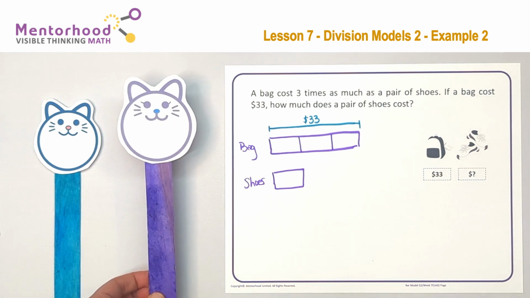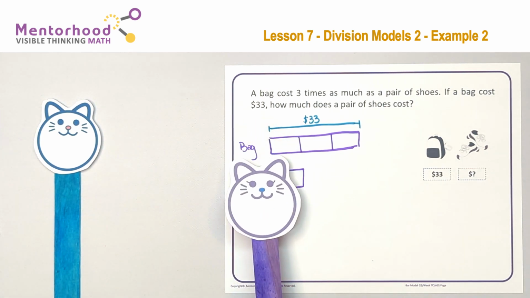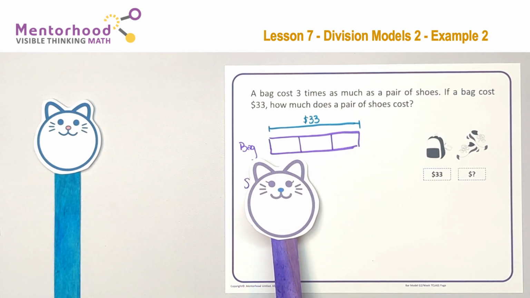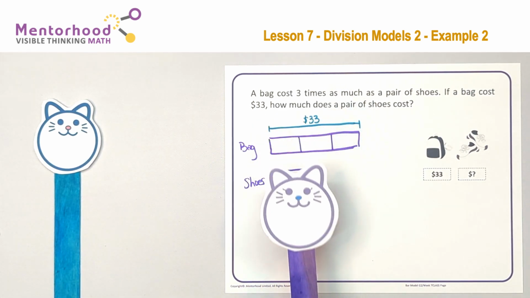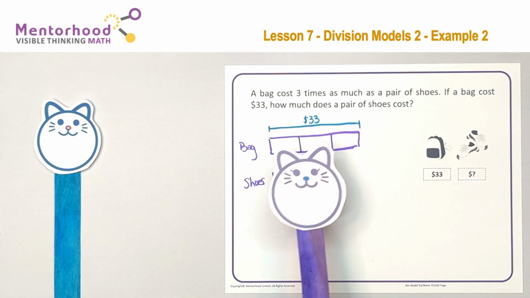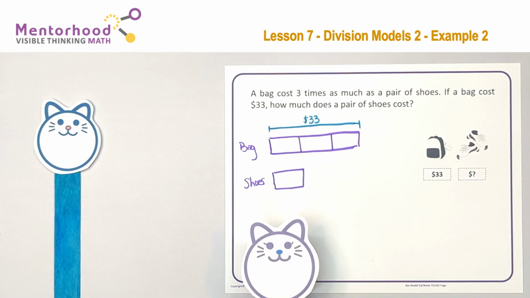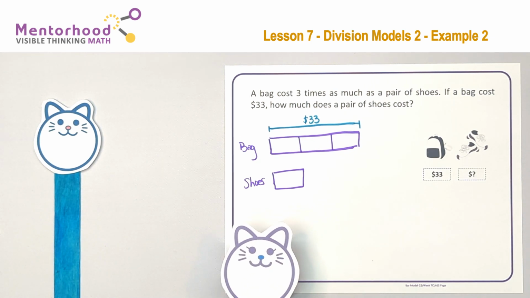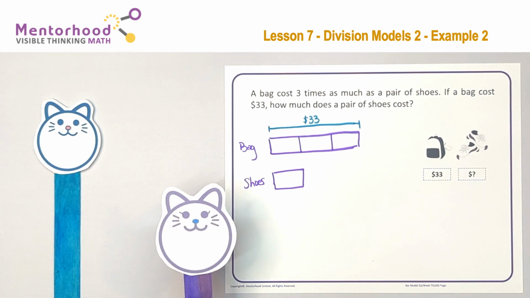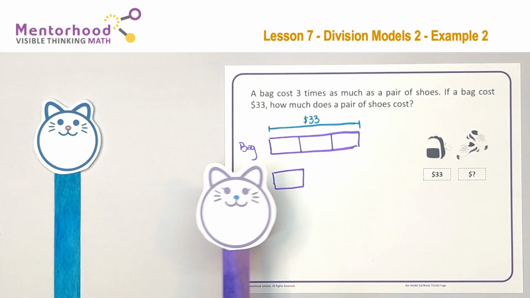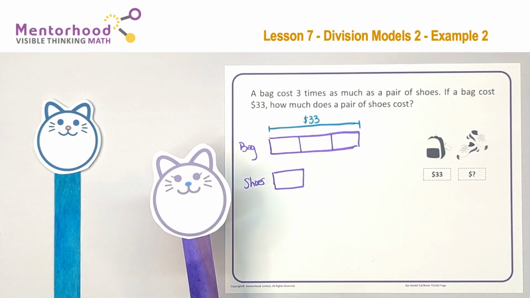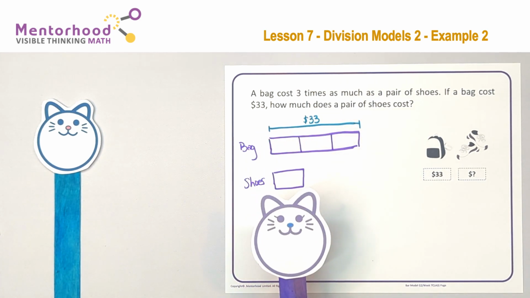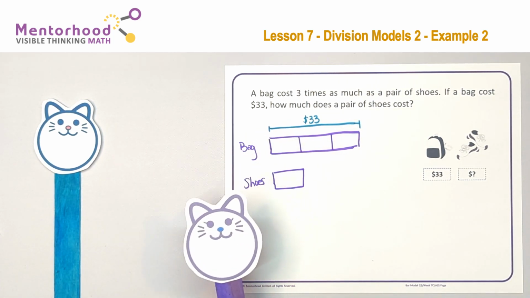Well, let's see if we can think about this. We've got the bag is $33. I can divide that into 3 sections, and each one of those sections is going to be the same as the price of the pair of shoes. Did you hear a number sentence in there? Let me try to repeat it. I can take my 33 and divide it into 3 sections, and each one of those is going to be my answer.